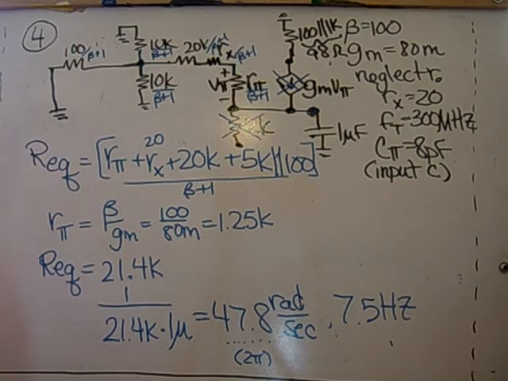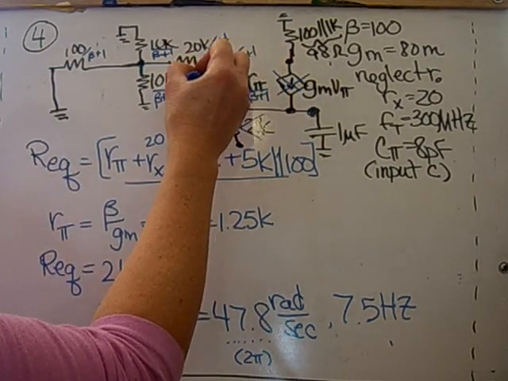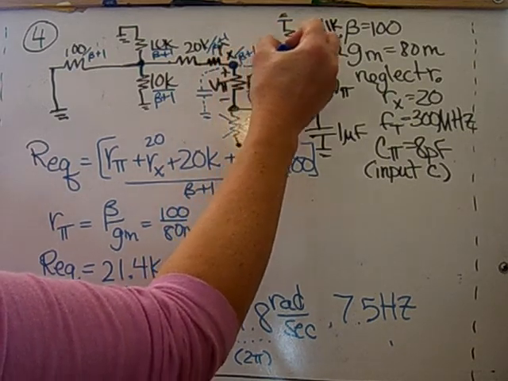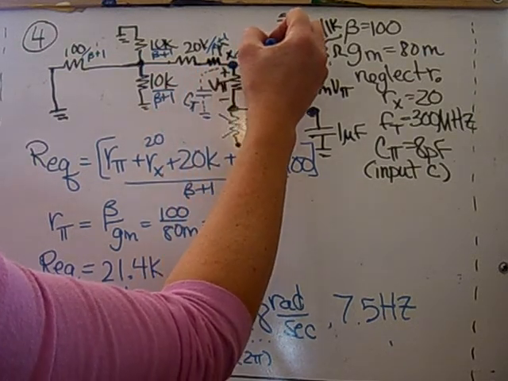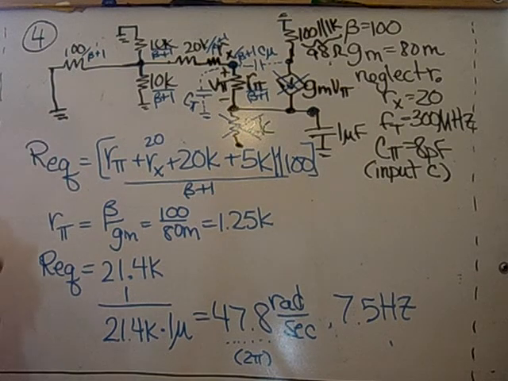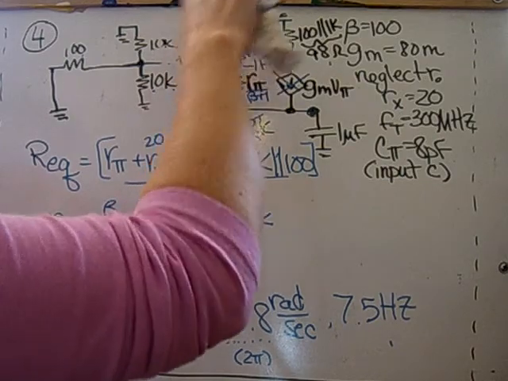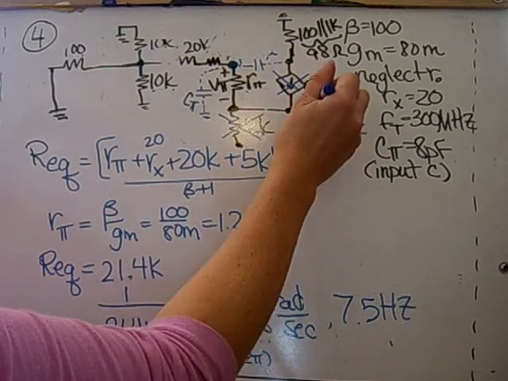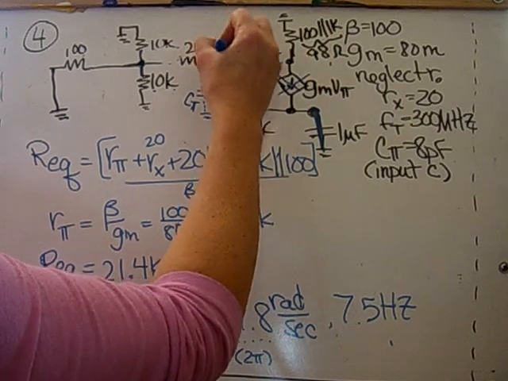To find the high frequency, I'm going to find the equivalent resistance, which is located here. Recall that C pi was located here, and C mu is located here. So I want to find the equivalent capacitance for those. So I'm going to erase the beta plus 1s, and then I'm going to short all of the low frequency capacitors.